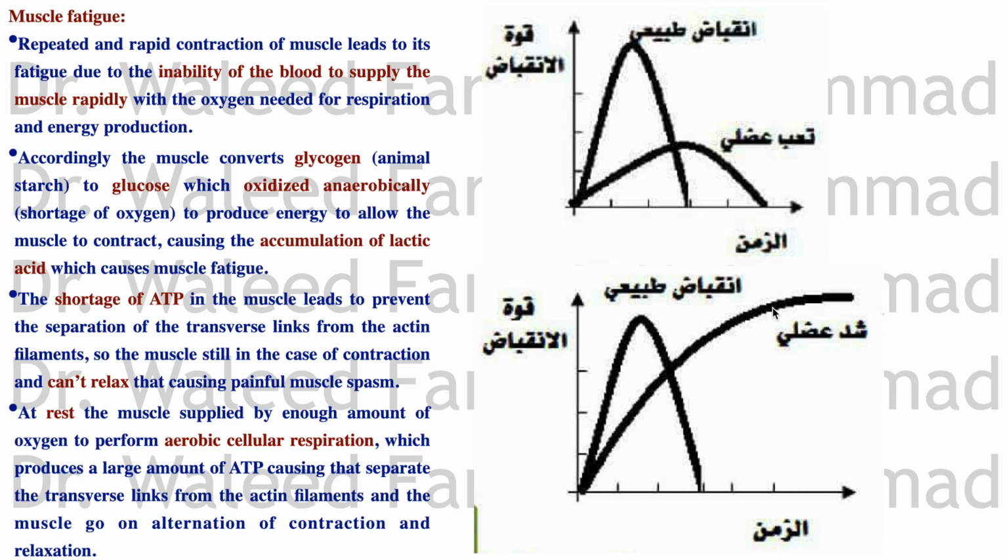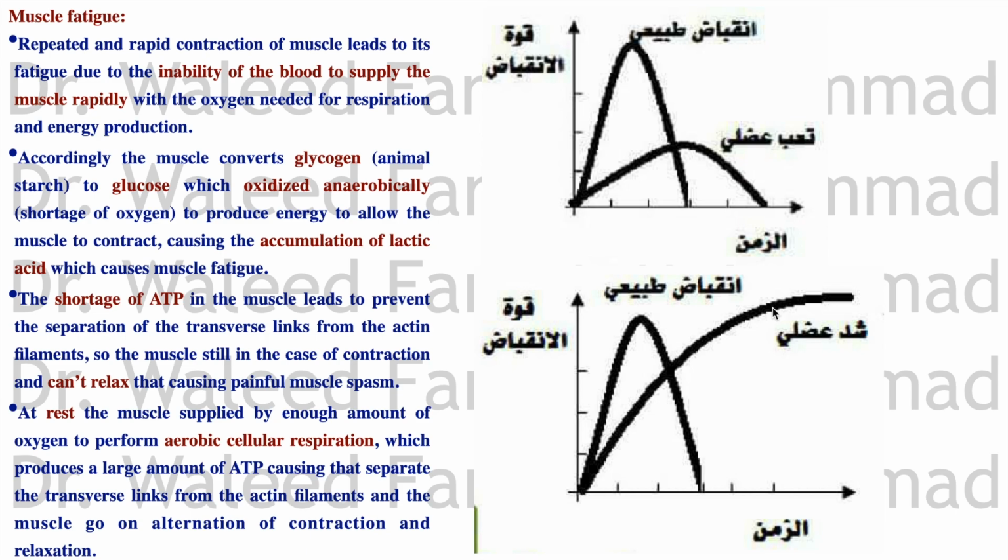Now at rest in the relaxed state, the muscle is supplied by enough amount of oxygen, and this leads to the aerobic cellular respiration. aerobic هنا مش anaerobic. aerobic الهوائي يعني الاكسجين موجود بوفرة، يبقى ما فيش اي مشاكل and this produces a large amount of ATP, causing the separation of the transverse links between the myosin and actin, and this leads to relaxation وتهيئة المصل انها تستقبل نبضة عصبية تانية عشان يحصل لها contraction.